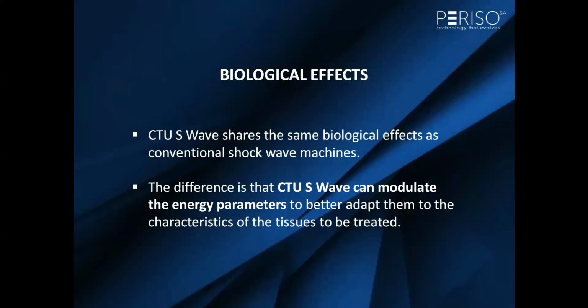From the biological aspect, CT shock waves share the same biological effect as the other machines. It's a different way to deliver and modulate the energy. That is the main difference between this machine and the others.